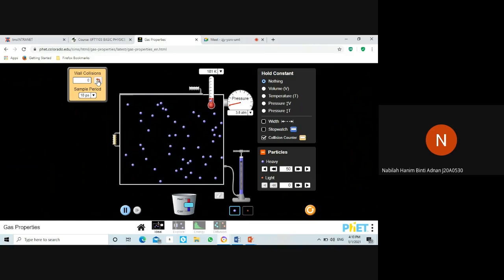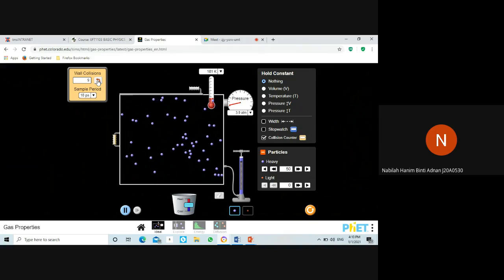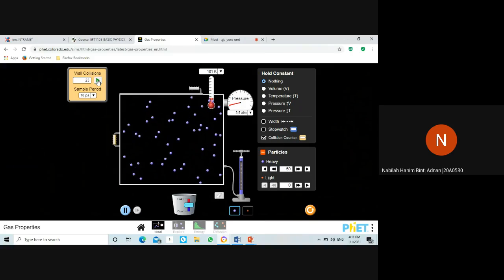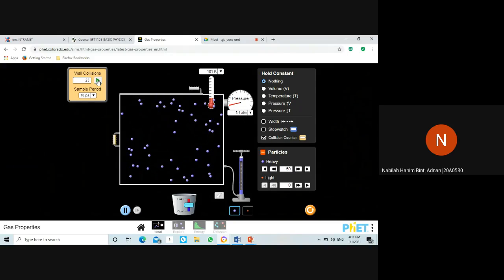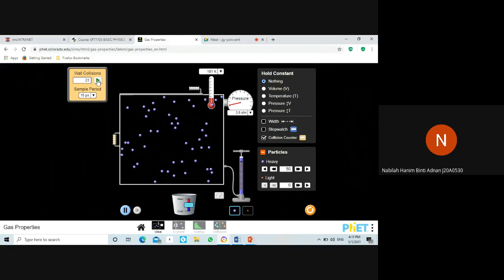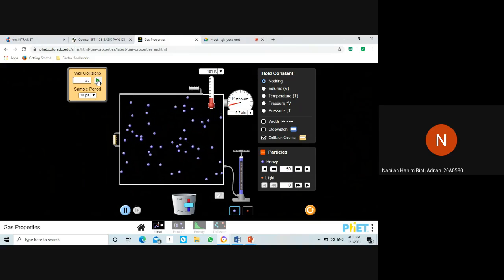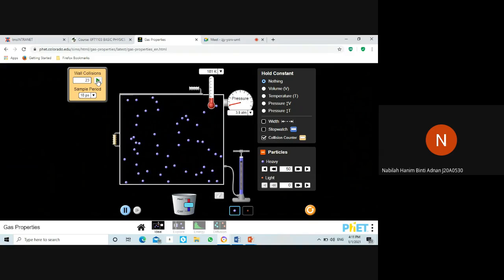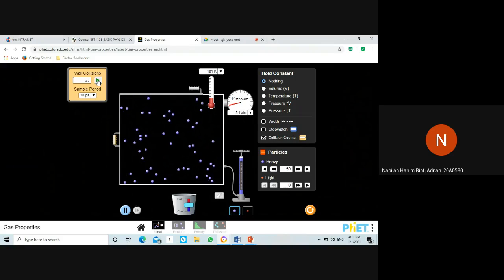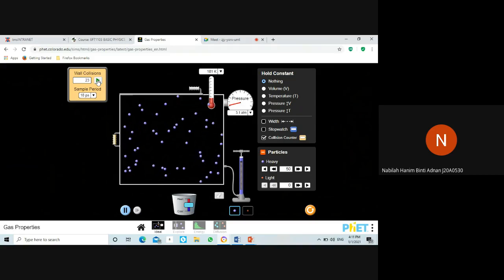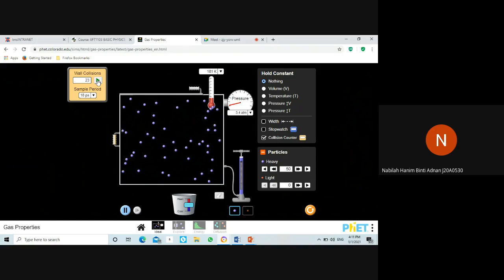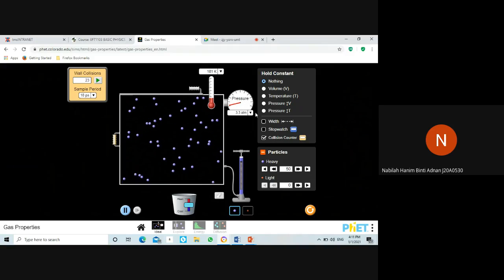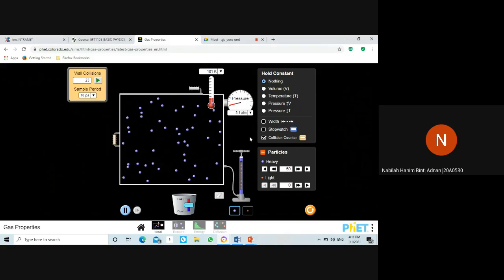The highest number of wall collisions of the particles is 23 for 181 Kelvin, and the pressure is 3.7 atm. So from this experiment, I can understand that pressure changes as temperature changes.